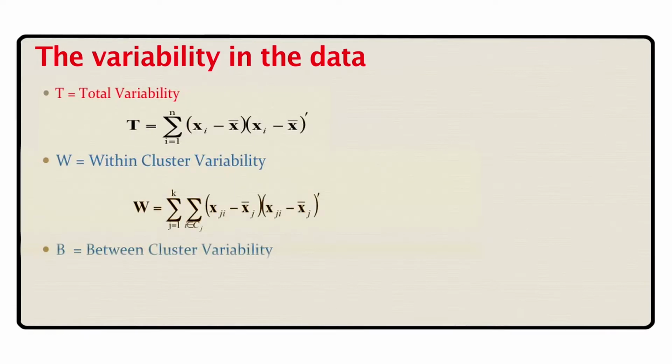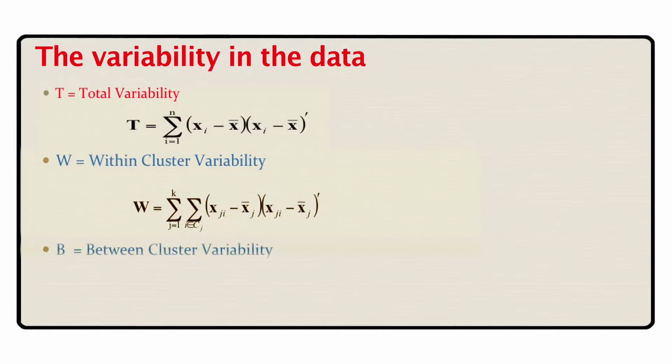The within cluster variability is given by summation j equal to 1 to k, i belonging to Cj, that is the jth cluster, (xji minus xj bar) into (xji minus xj bar)'. So if you look at the inner sum here, the inner sum actually is the within the jth cluster sum of squares.